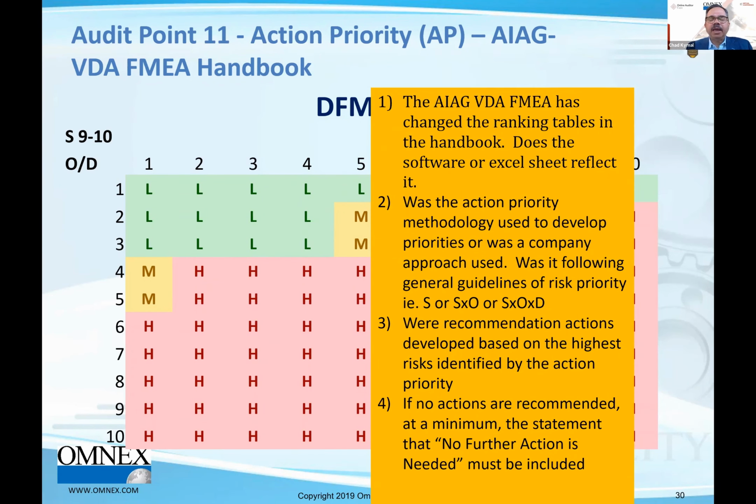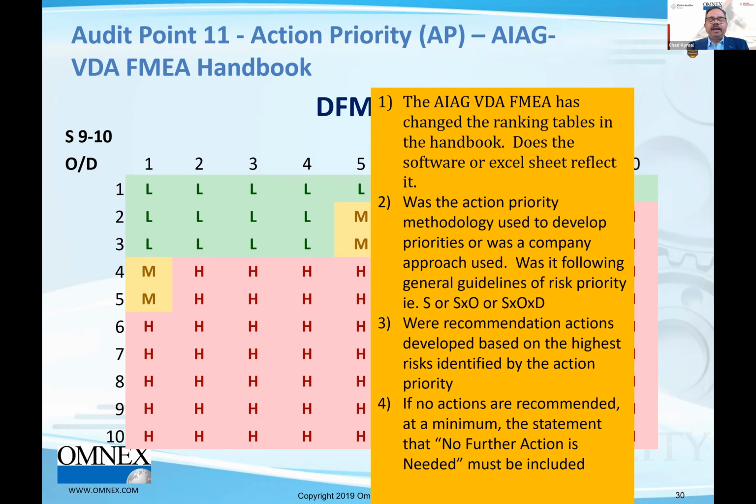Where recommended actions, if they follow their own approach, I'm saying here, they are allowed to follow their own approach. Did we use this, S or S times O or S times O times D, for their own method? Were recommended actions developed based on the highest risk identified by action priority?